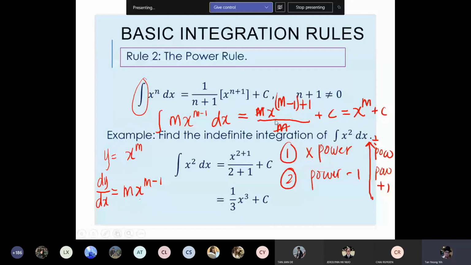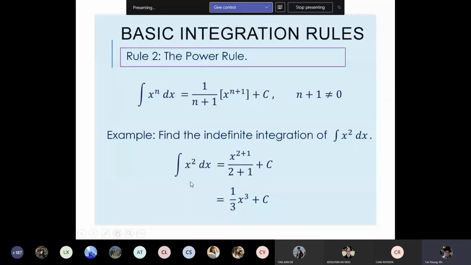This one is called the antiderivative. Any questions here? Okay. So remember, first we add 1 to the power, then we take the new value of the power and we divide.